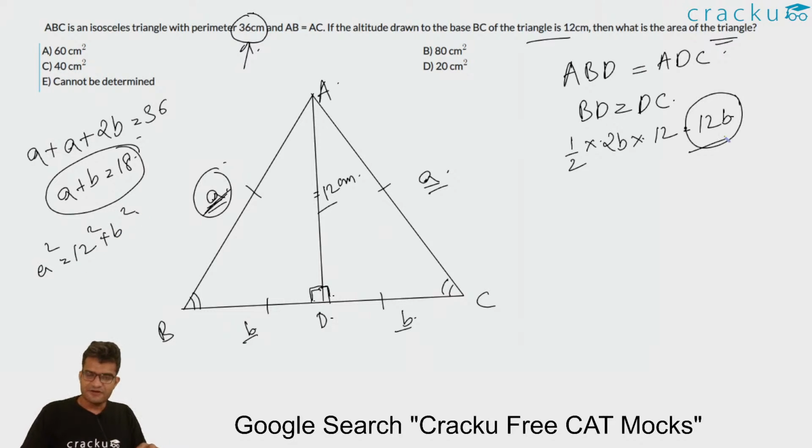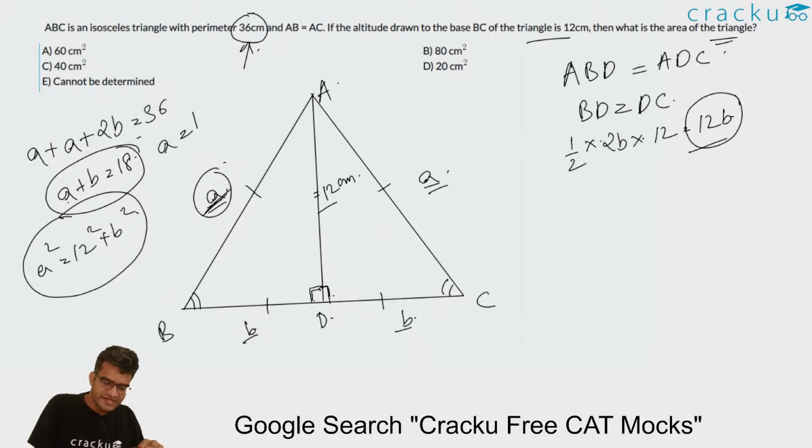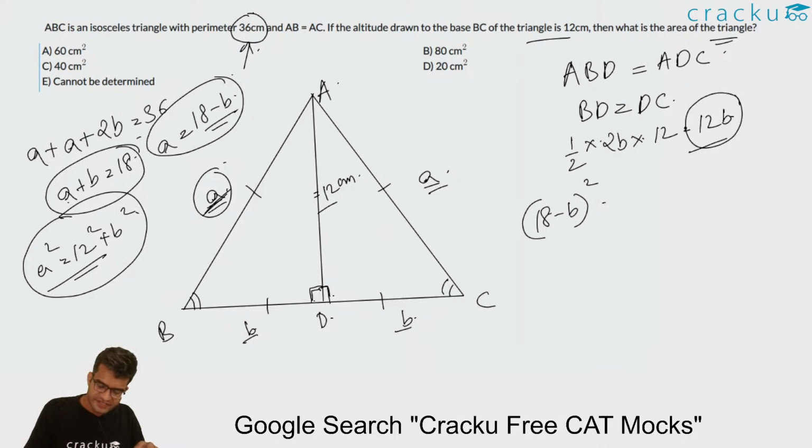We need to calculate the value of 12B, so let us eliminate A and calculate the value of B using these 2 equations. If A plus B is equal to 18, A is equal to 18 minus B. So if you substitute 18 minus B in this equation, 18 minus B whole square is equal to 12 square plus B square.